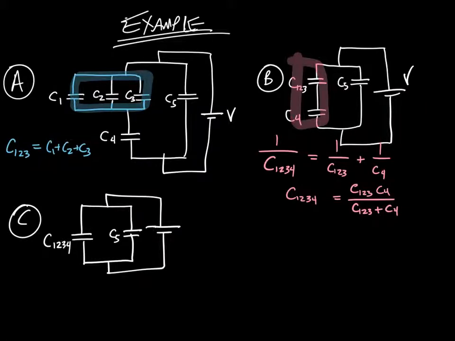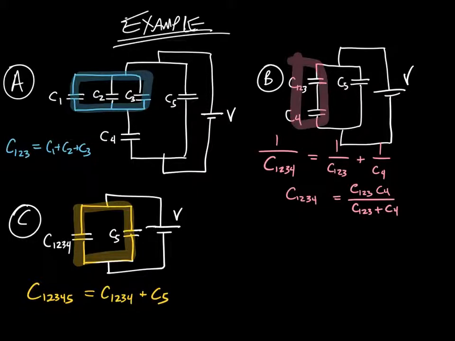Okay, so now I can reduce this portion because it's ready for the game. So C1, 2, 3, 4, 5, which is going to be the equivalent capacitance of the whole network because it includes all the capacitors, will just be C1, 2, 3, 4 plus C5 because they're in parallel with one another. And so how will this work out?